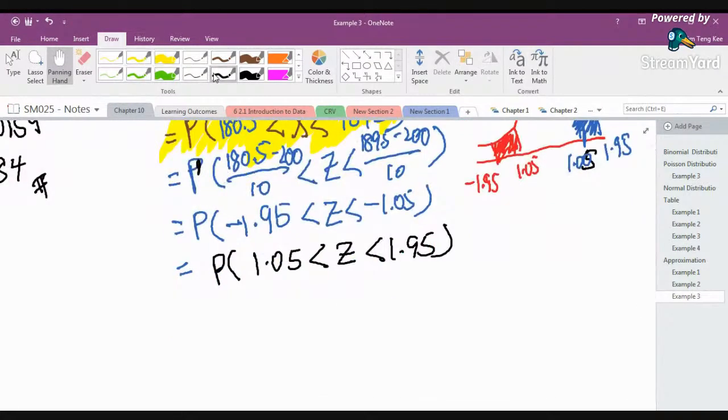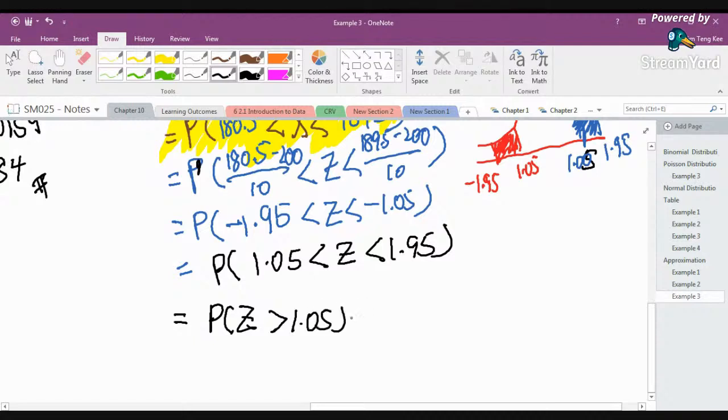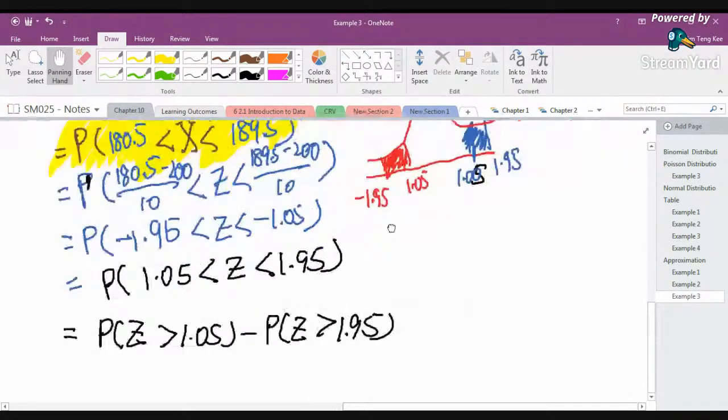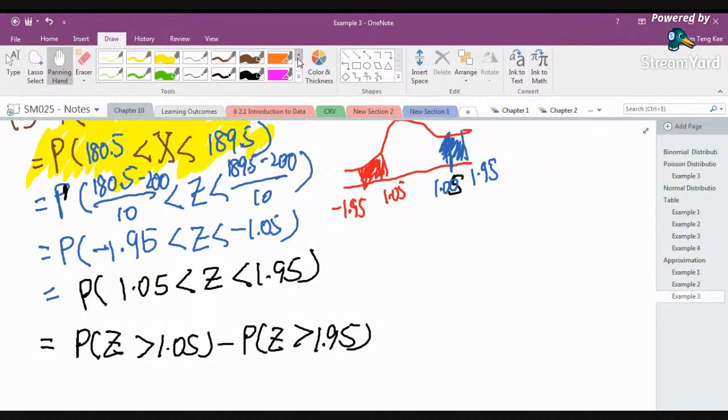For the calculation, it will be P(Z greater than 1.05) minus P(Z greater than 1.95).